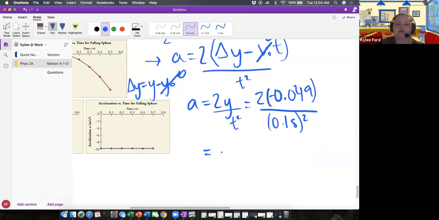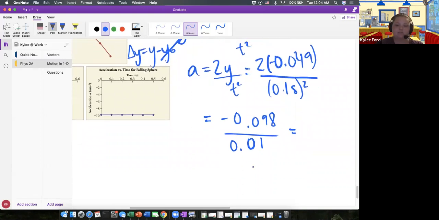I'm going to plug that into a calculator. 2 times 0.049, I get 0.098, and 0.1 squared is 0.01. Plug that into a calculator, and I get negative 9.80 meters per second squared.